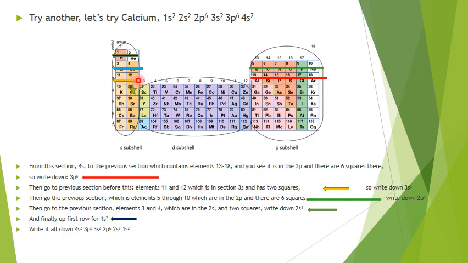Now you go across to the s's, and this is going to be 3s2, with 2 squares, so write down 3s2. You come up over here and go through the 2p's, and there's 6, 2p6, 2s2, and then finally 1s2.